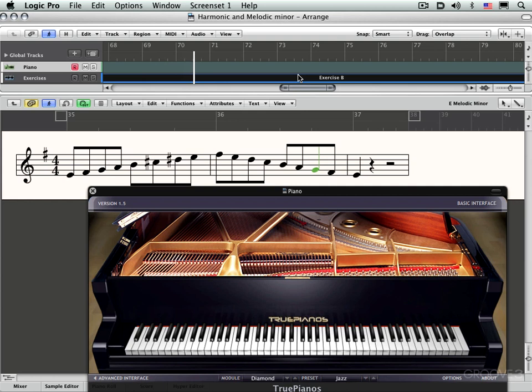And so on through all the different keys. And again, practice it 3 different ways: natural minor, harmonic minor, and melodic minor. And if you're feeling bold and adventurous, by all means, practice exercise C with these scales as well.